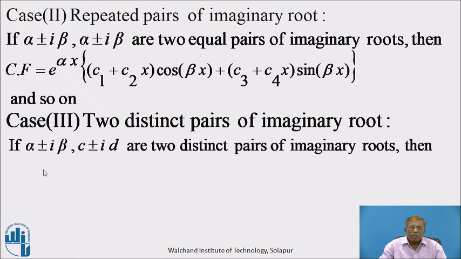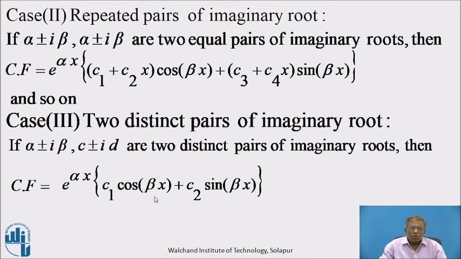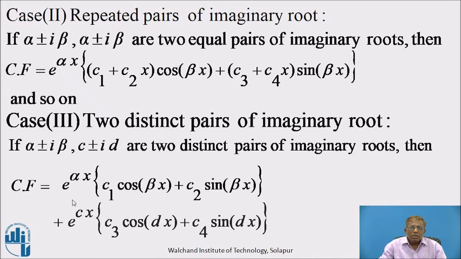Means if alpha plus or minus i beta and c plus or minus i d are two distinct pairs of imaginary roots, then while writing the complementary function, write CF for the first pair alpha plus or minus i beta as e raised to alpha x in bracket C1 cos beta x plus C2 sin beta x, bracket close, and plus CF for the second pair c plus or minus i d as e raised to c into x and in bracket C3 cos dx plus C4 sin dx. So this is the way to write the complementary function for imaginary pairs.